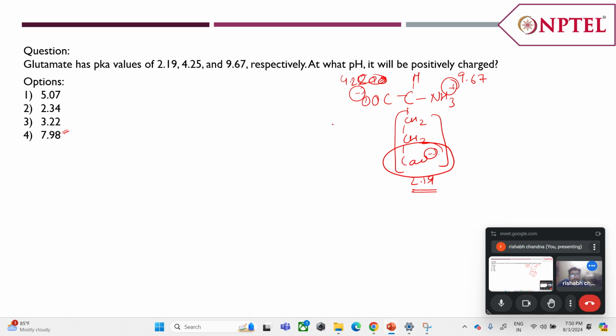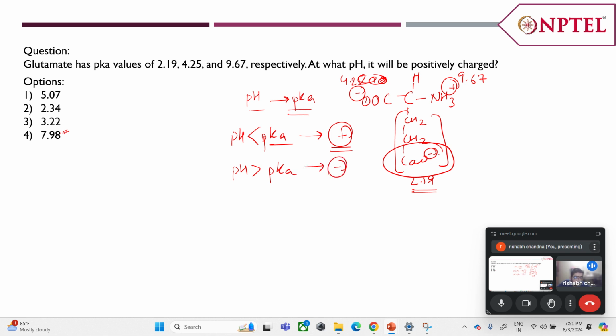One concept we learned is how pH varies and how it affects the pKa values. Consider this is the glutamic acid case. If pH is less than the pKa value, it will be positively charged. If pH is greater than the pKa value, it will be negatively charged.